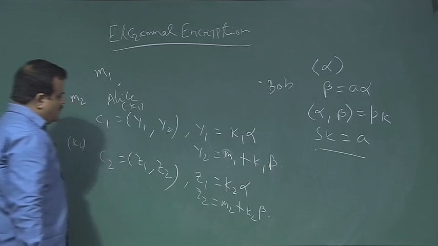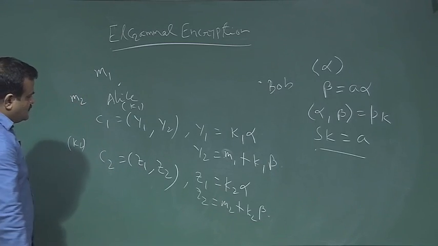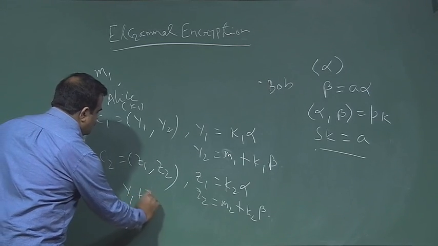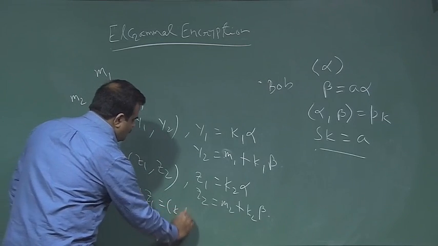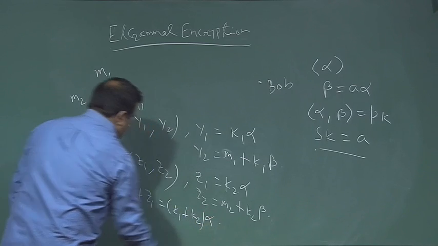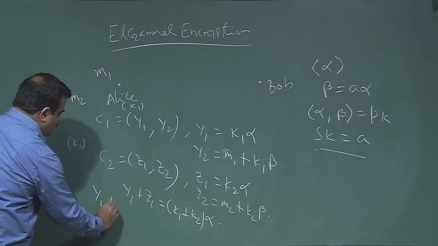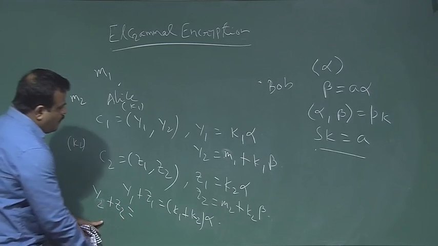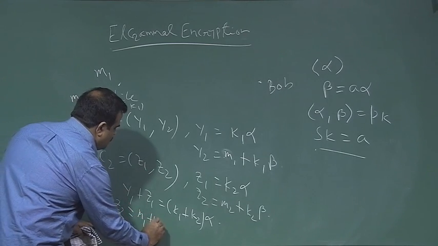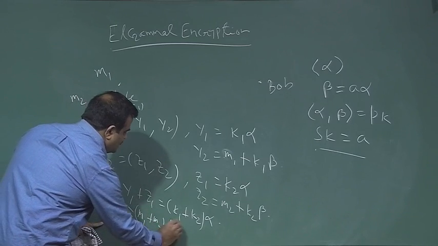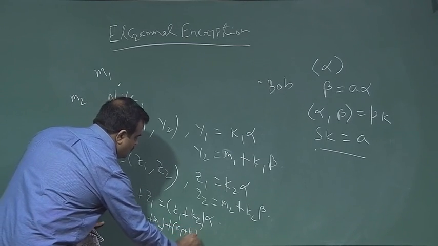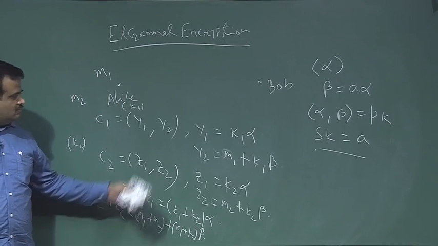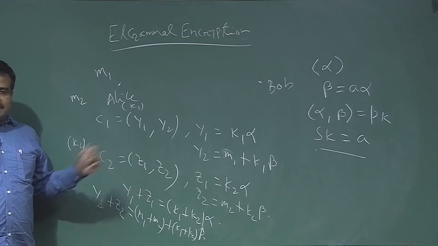If we add Y1 and Z1, this will give us K1 plus K2 alpha, and Y2 plus Z2 is basically M1 plus M2 plus K1 plus K2 beta. So this is the eval operation that this cloud server can do.